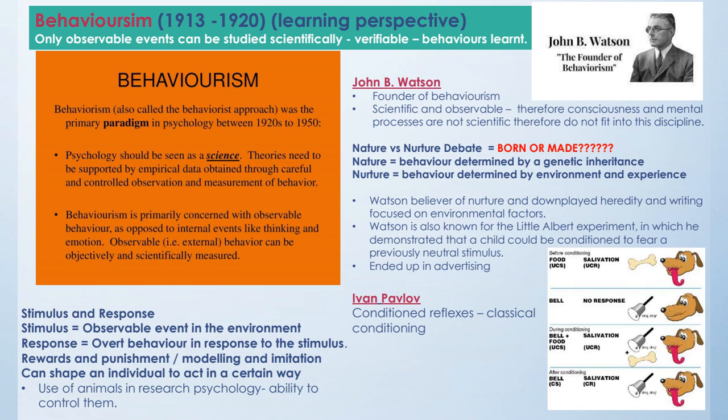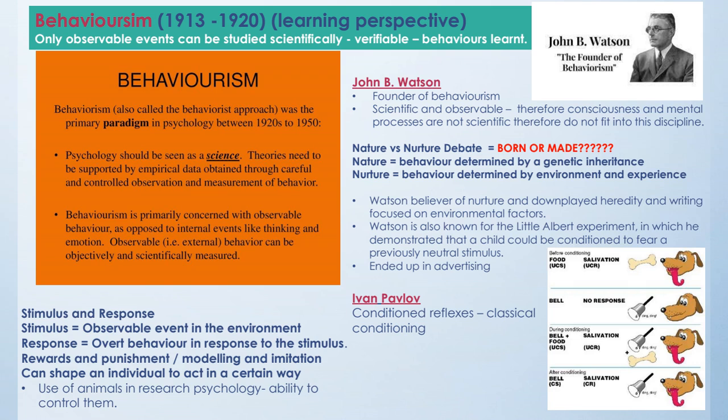So it's clear that psychology should be seen as a science and that theories need to be supported by empirical data. Behaviorism is primarily concerned with observable behaviors as opposed to internal events like thinking and emotion. So it's those external behaviors.